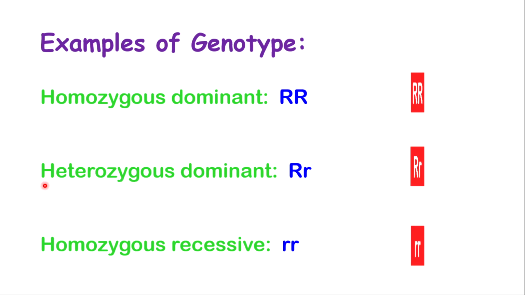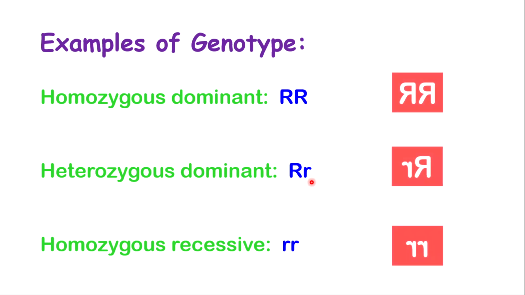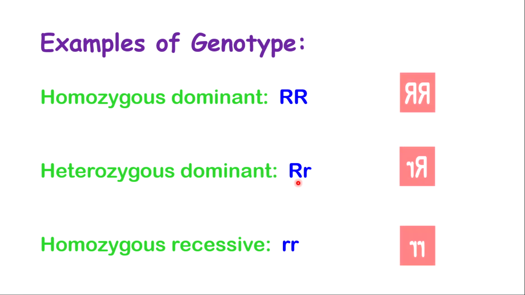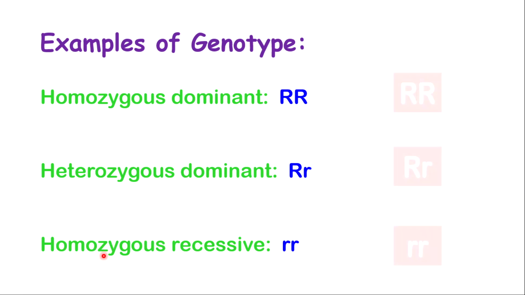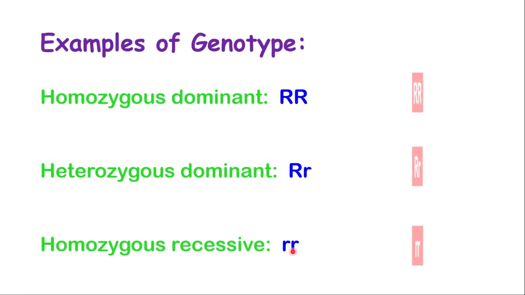So when you see hetero, it means that they are different, upper and lower. And why dominant? Because the dominant trait will always show itself. And then we can have two lowercase r's, and in this case we call them homozygous recessive. Why homo again? Because they are the same, and recessive because they are lowercase.